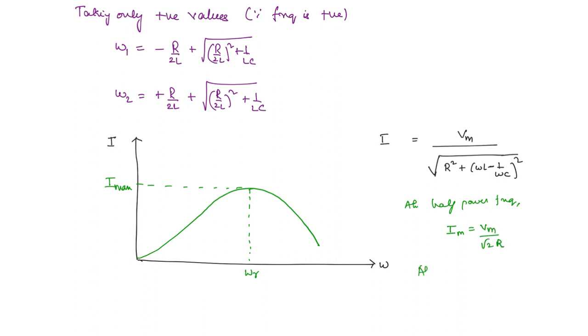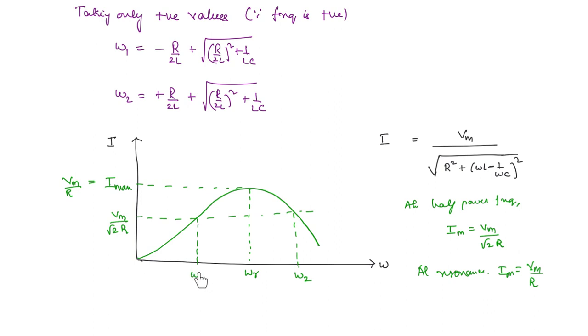At resonance, Im is equal to Vm by R. So somewhere here, let us say this is Vm by R, somewhere here it will be Vm by root 2R. So one half power frequency will be here. This is omega 1, and another half power frequency will be beyond the resonant frequency.